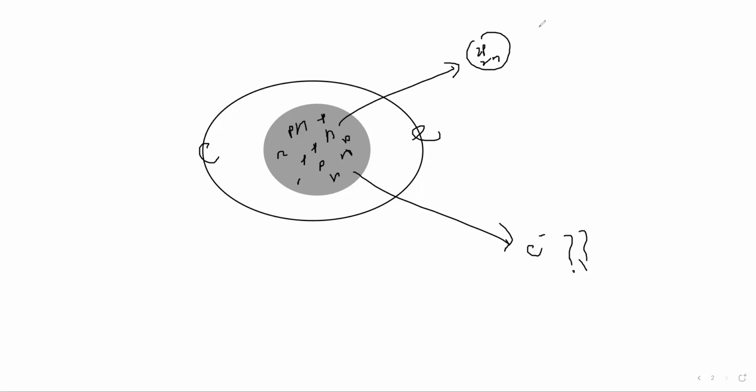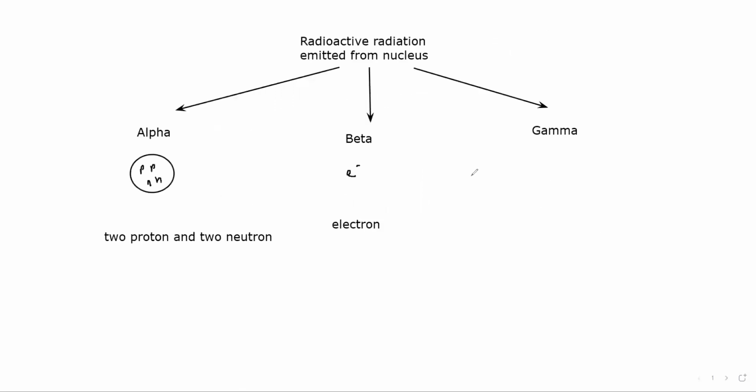How is this electron emitted? Does anyone have any idea about this? Want to share? Otherwise I will explain. Anyone want to answer this? Basically, this electron is from the nucleus.